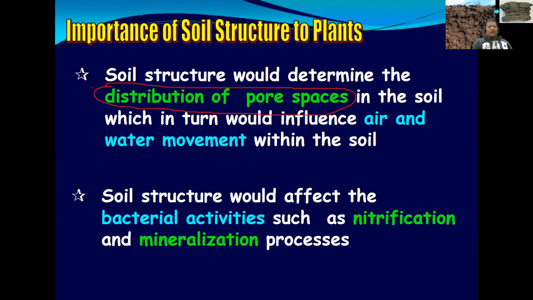Soil structure affects the distribution of pore spaces. And eventually, the amount of pore spaces will determine the amount of air and water movement in that particular soil. So soil structure has an effect on the distribution of pore space and on the movement of air and water, which eventually affects crop production.